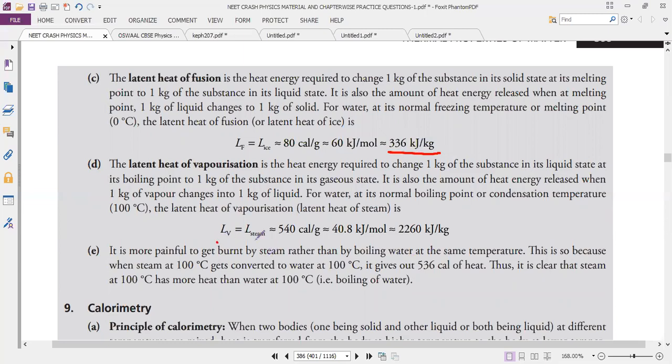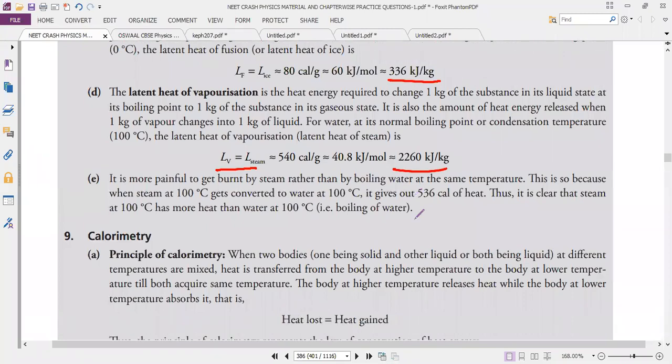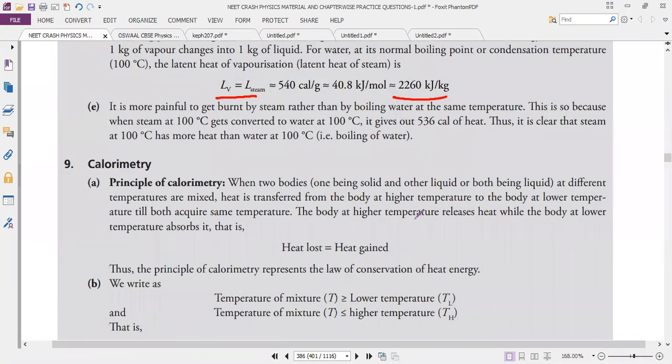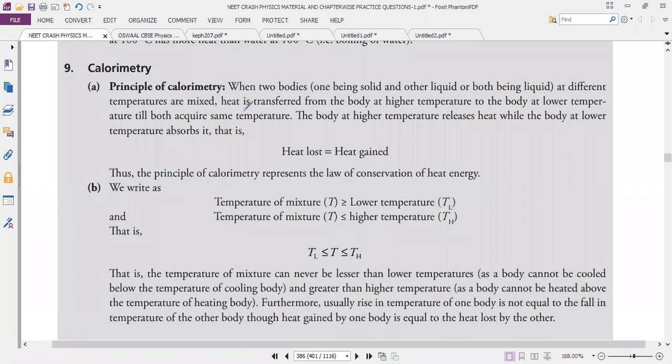For the vapor and the steam, both also similar, 2260. Okay. So next one, the principle of calorimeter. The heat loss is equal to heat gain. It is the basic principle of calorimeter.